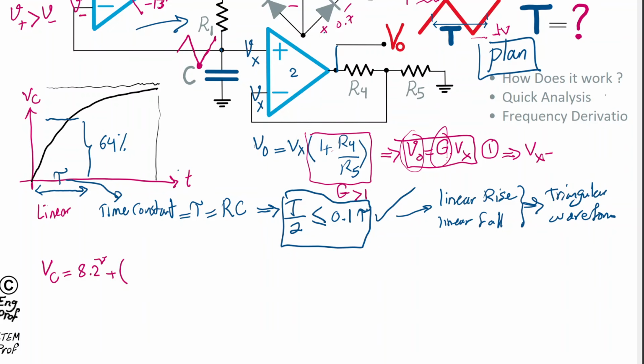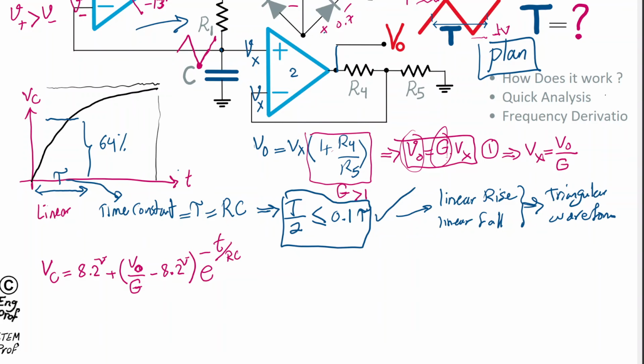The Vx, of course, the voltage at this node, is V out divided by gain. So I'm going to say V out divided by gain of the non-inverting amplifier. And as a result of that, minus the final voltage of the capacitor, e to the power negative t over tau, or RC.